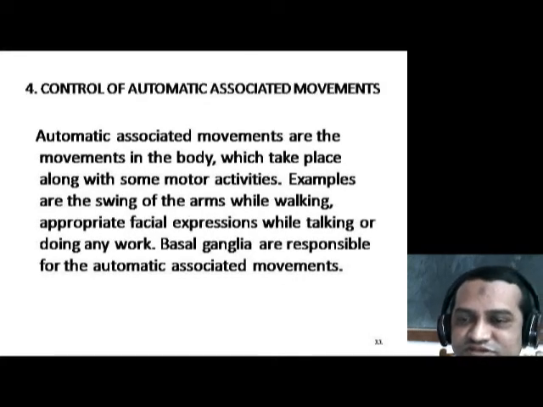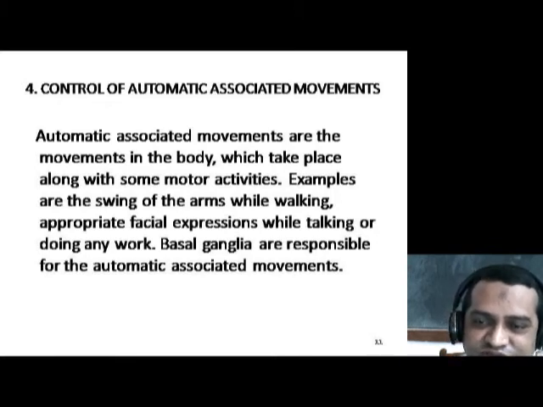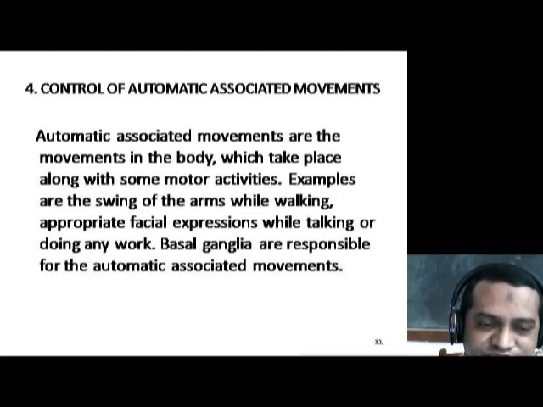And the next function is control of automatic associated movements. Automatic associated movements are the movements in the body which take place along with some motor activities. The examples are the swinging of the arms while walking, and appropriate facial expressions while talking or doing any work. Basal ganglia are responsible for the automatic associated movements.